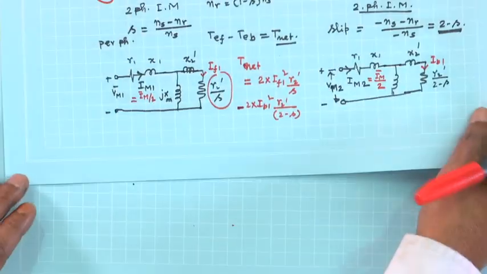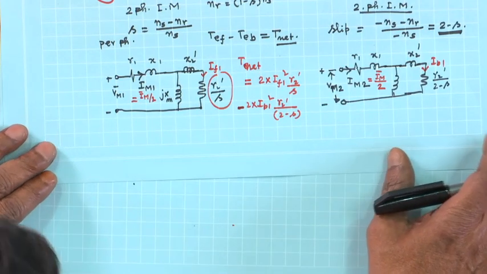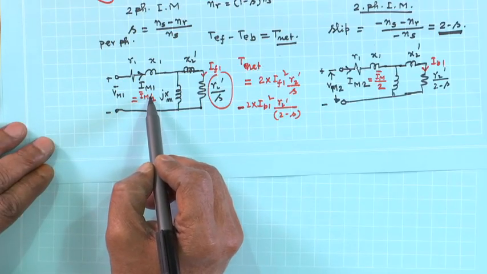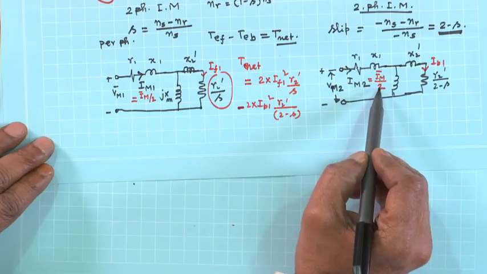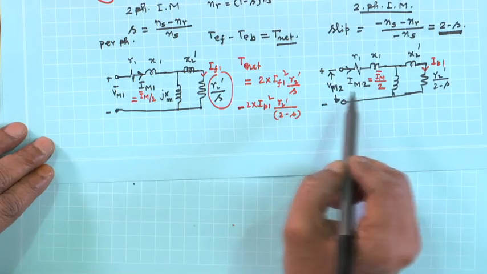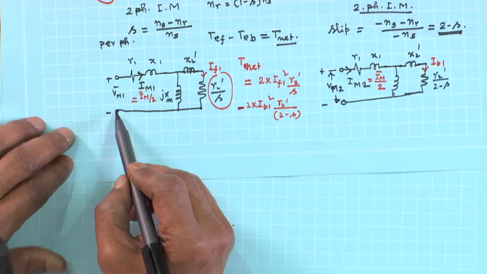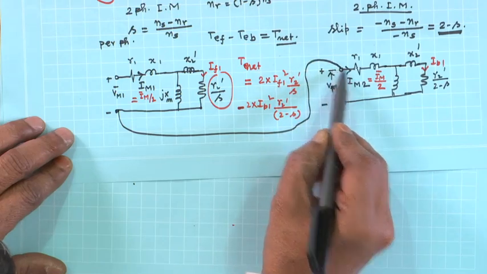That is this way I can calculate the torque, but I will go a step ahead, which is so tempting, you know, because you see this is Im1 which is Im bar by 2, this is Im2 which is also Im bar by 2. Then it looks like there is no harm if you connect these two in series. Let me do it here.